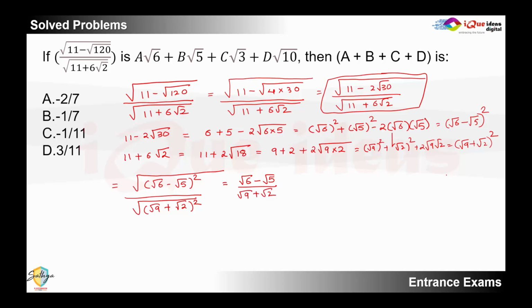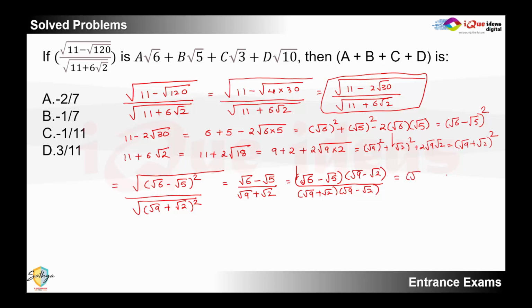Right? So I can simply write this as root of 6 minus root of 5. I multiply and divide by root of 9 minus root of 2. Remember, a plus b into a minus b can be written as a square minus b square. So I'm multiplying, dividing by this.